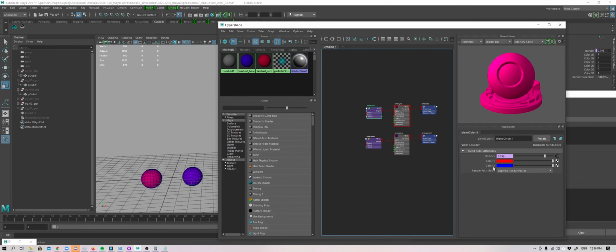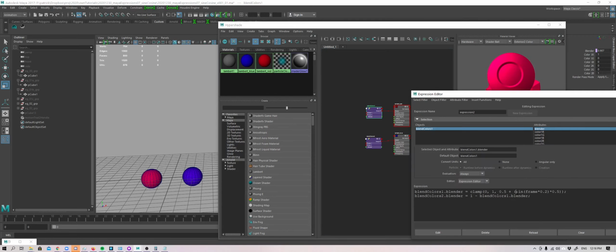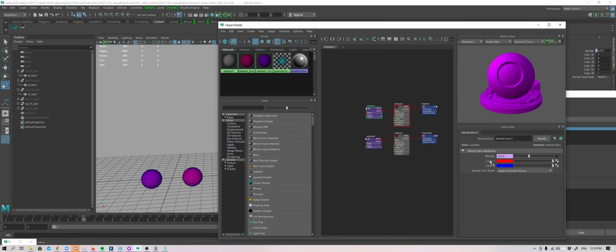So I have color 1 and color 2, and then the other one is actually taking the opposite color, whatever this color is. So I'm driving it by an expression. So sine. So that expression goes from 0 to 1, and when it goes to 0, it chooses the red color. When it goes to 1, it chooses the blue color, and then it's just alternating between these. Okay, and it forms a smooth transition.